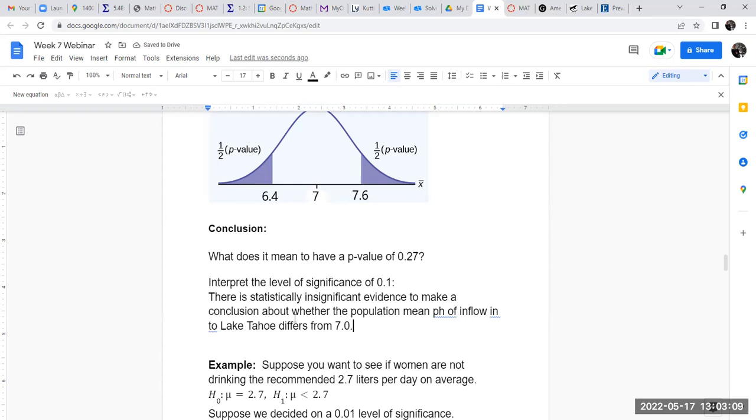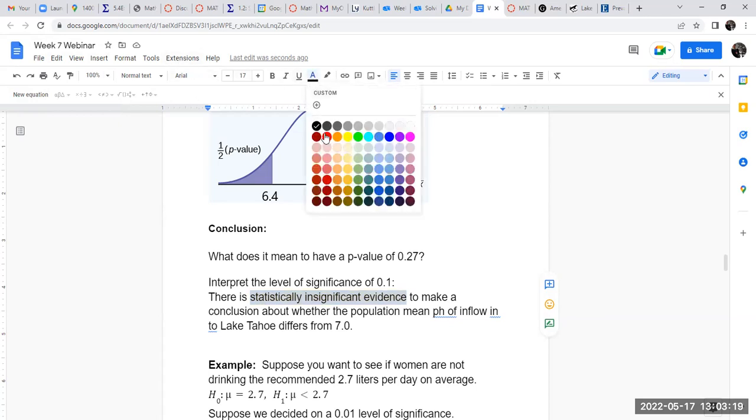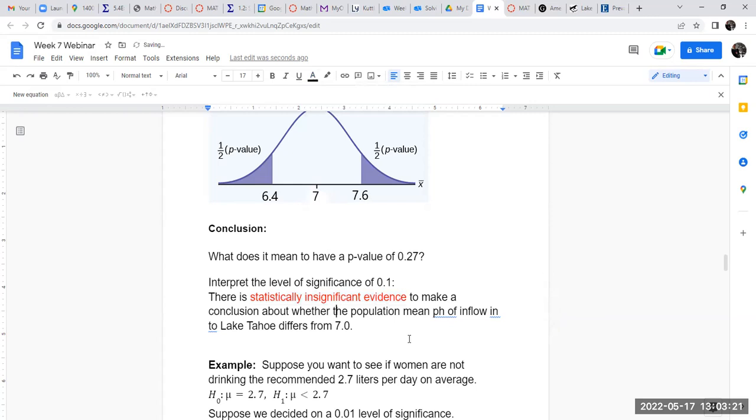Any questions? I want to highlight statistically insignificant evidence. So that's the big difference with this example. Any questions on this conclusion here?